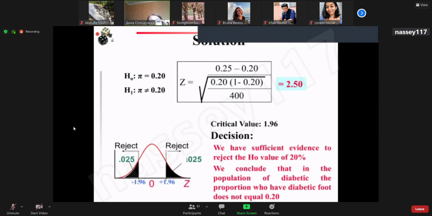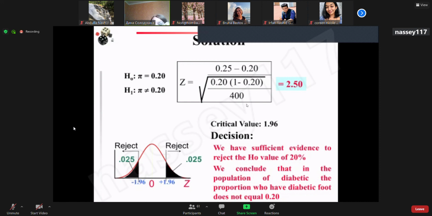So you see, it will lie again to the right of the critical value of positive 1.96. So we have sufficient evidence to reject the null hypothesis of a value 20%. So we conclude that in the population of diabetics, the proportion of people who have diabetic foot is not equal to 20%. So we have to reject the hypothesis.